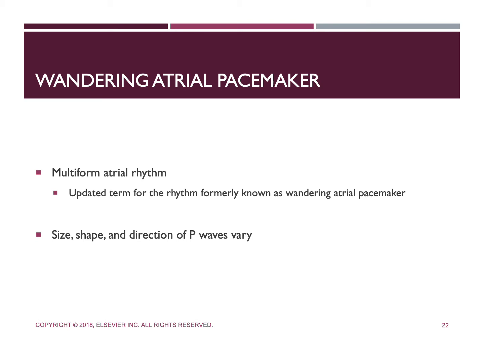The differences in the look of the P wave are a result of that gradual shifting of the dominant pacemaker among the SA node, the atria, and even maybe the AV junction. So the wandering atrial pacemaker is going to require at least 3 different P waves seen in the same lead for proper diagnosis to occur.